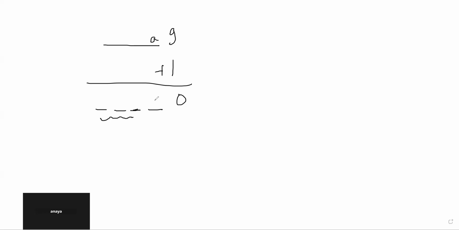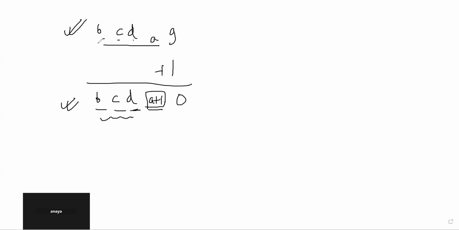This digit will become a plus 1, right? Let's say the first three digits are unaffected, B, C, D. They are B, C, D, right? Yes. This is the new number. This is the old number, right? Right.